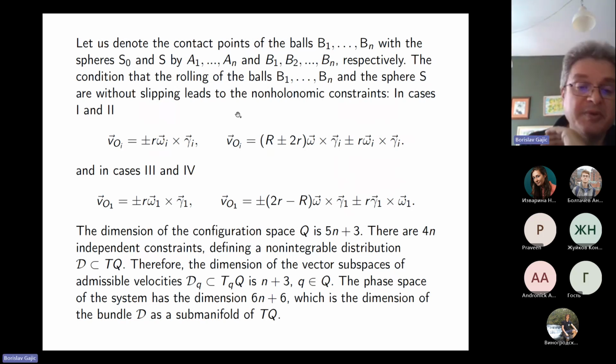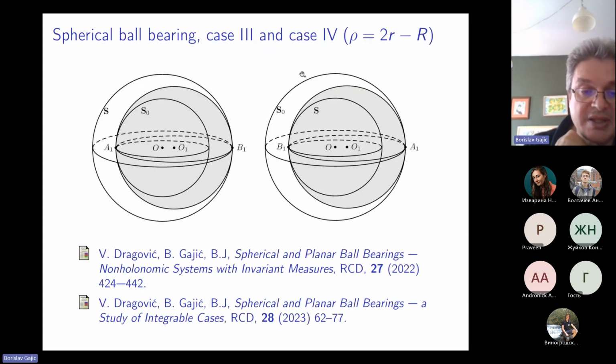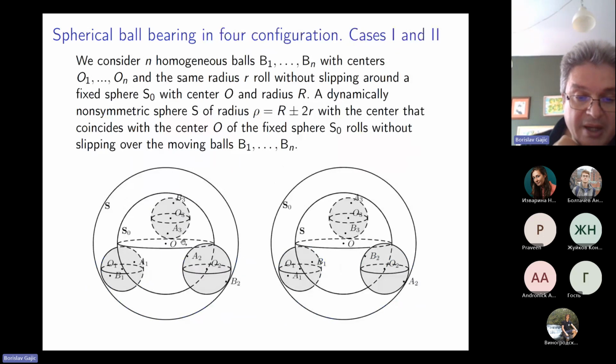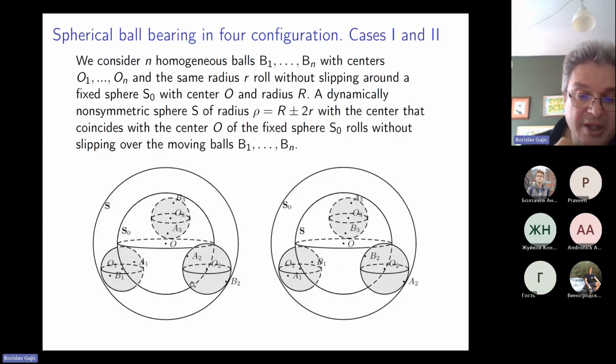Until now we didn't impose nonholonomic constraints. But our constraints are that the velocities of the points of contact are 0. So we have A, the points of contact of the balls with S0, and B's are the points of contact with S. S0 is the fixed sphere, so the velocity of this point of contact should be 0.